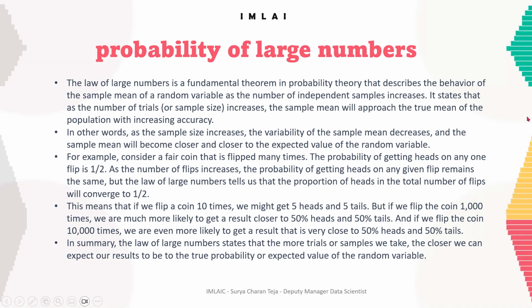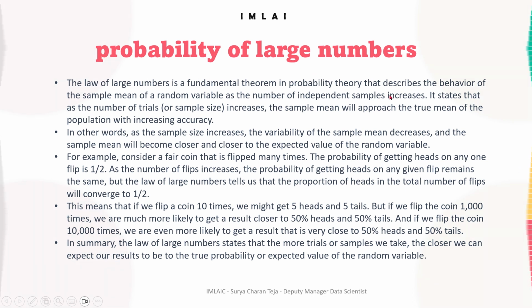So the law of large numbers is a fundamental theorem in probability theory that describes the behavior of the sample mean of a random variable as the number of independent samples increases.